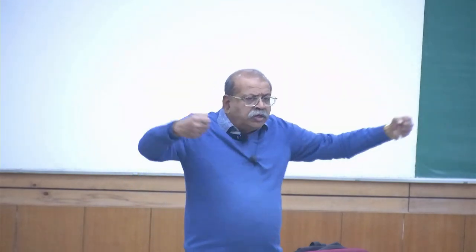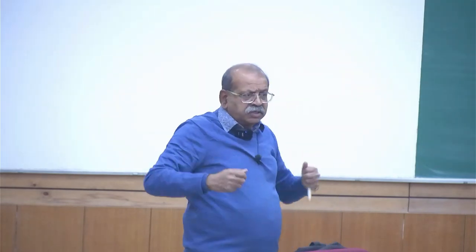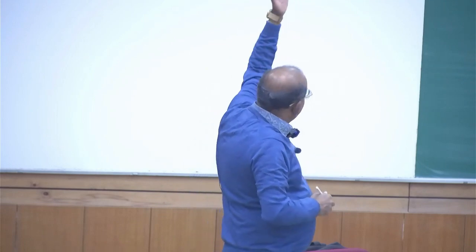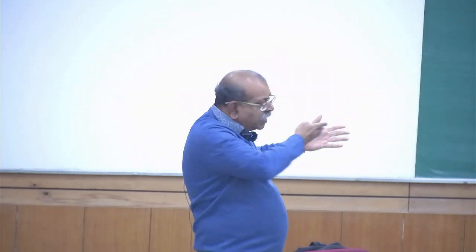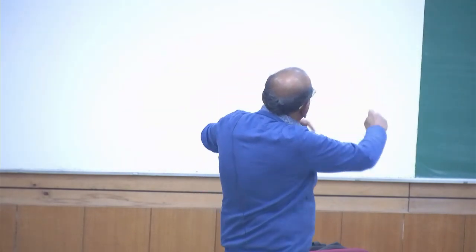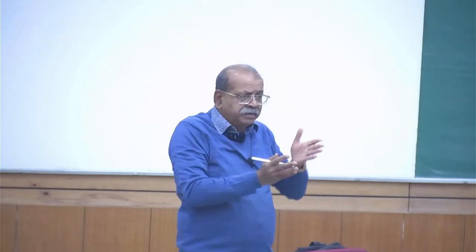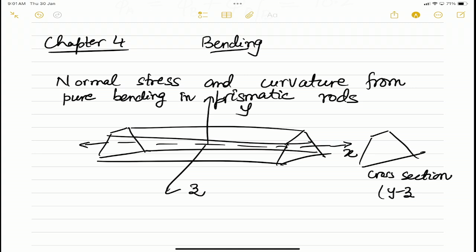The rod direction is along x. Okay. The y direction is perpendicular here and z direction is the transverse direction. So, this face which we have in the cross section, this cross section is in the yz plane.